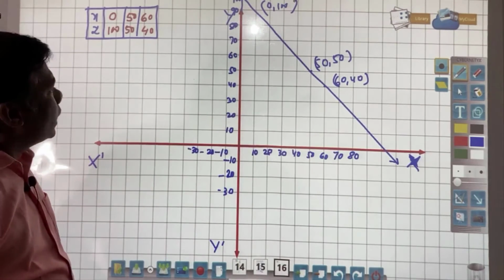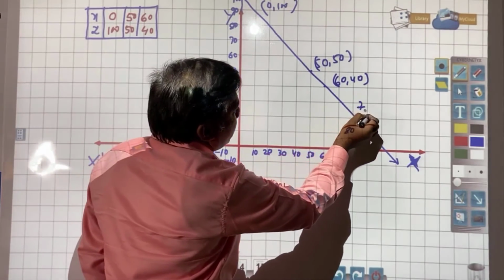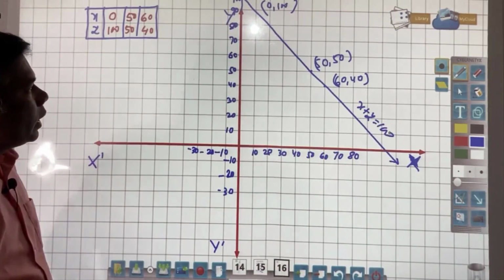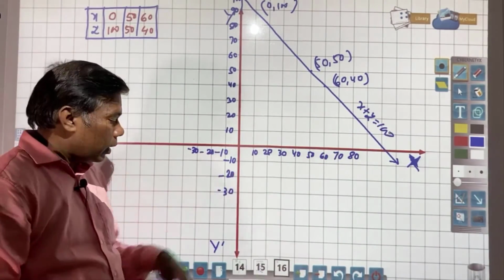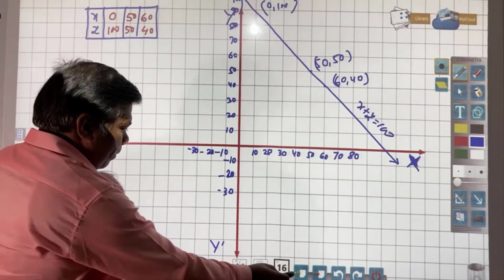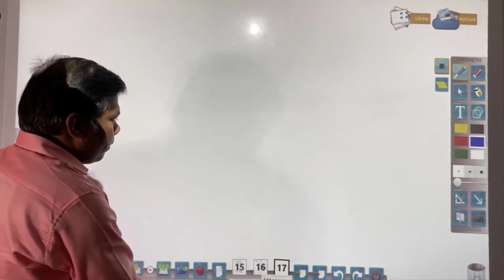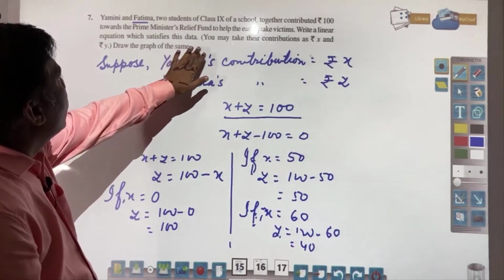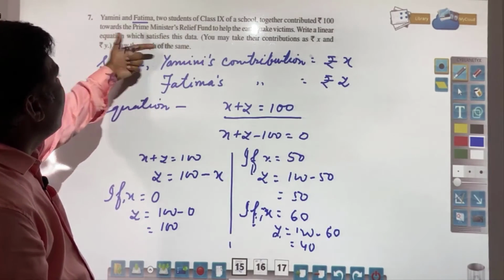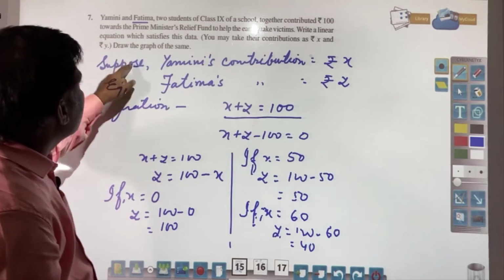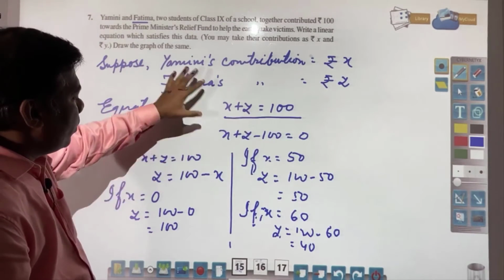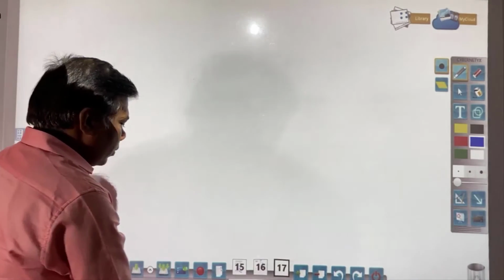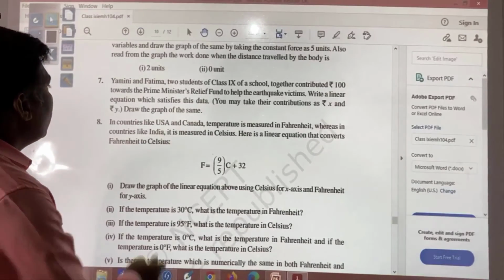And your equation is x plus y is equal to 100. So in this way, graph is required to be plotted. So your question was to find out first of all equation and draw the graph of the same, graph you have plotted. Next question we will see.